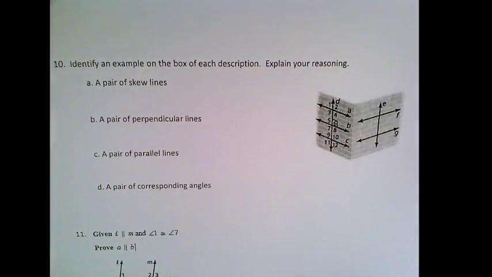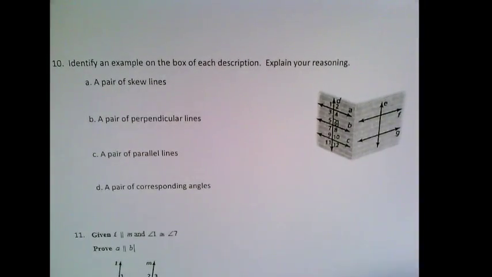Letter A. It says name a pair of skew lines. Now remember, skew lines are lines that never intersect, but they're not parallel. Anybody want to take a wild guess?